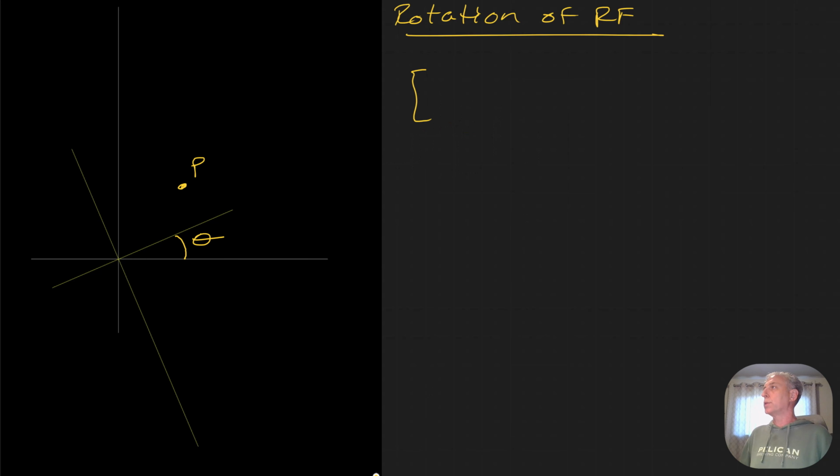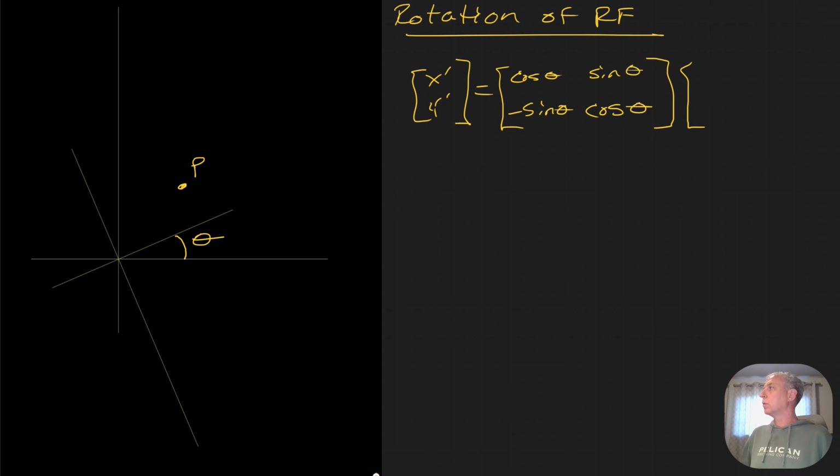So we said that x prime and y prime equals our rotation matrix, which was cos theta, sine theta, minus sine theta, and cos theta, times our original x and y coordinates.